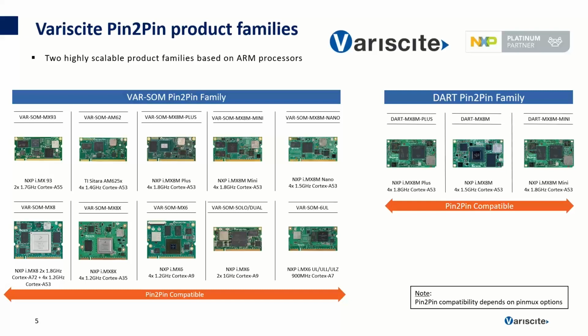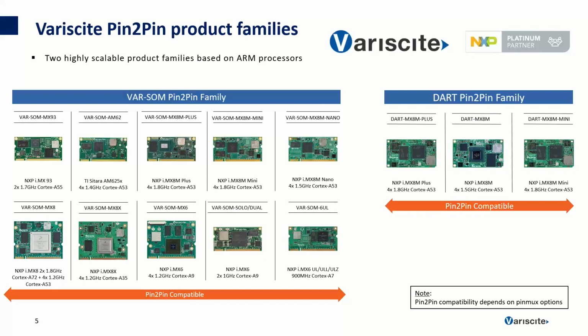These are the two pin-to-pin families I was referring to. The first one is the SoM. It includes the very old SoM MX6, SoM Solo. It includes the SoM 6UL that are, let's say, the low end in terms of cost and capabilities. But it also includes the new entries from the 8M families, so 8X, 8 Max, 8M Mini, Nano, Plus, and the new entries that are the i.MX 93 and the AM62.